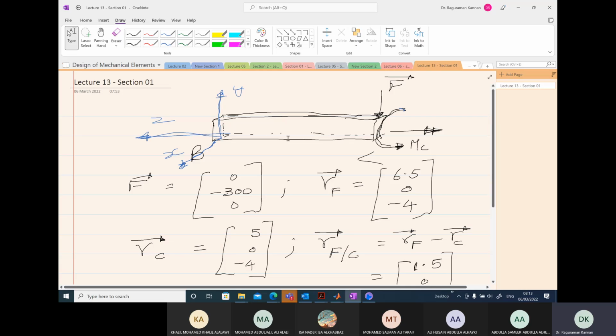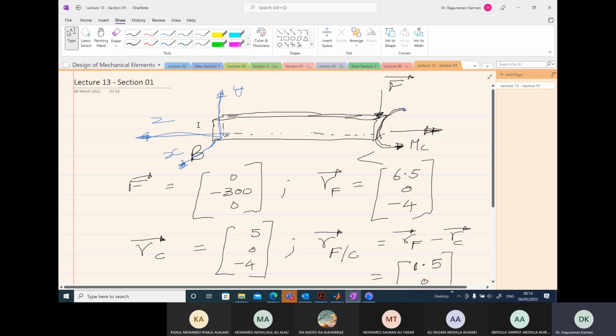So this is the free body diagram. The end B is fixed, so it is not going to allow any XYZ displacement, and also no moments, so no rotations. So there are moment reactions here.